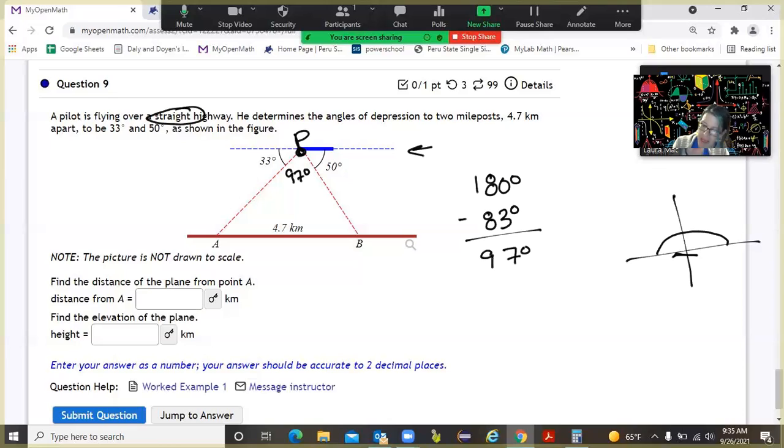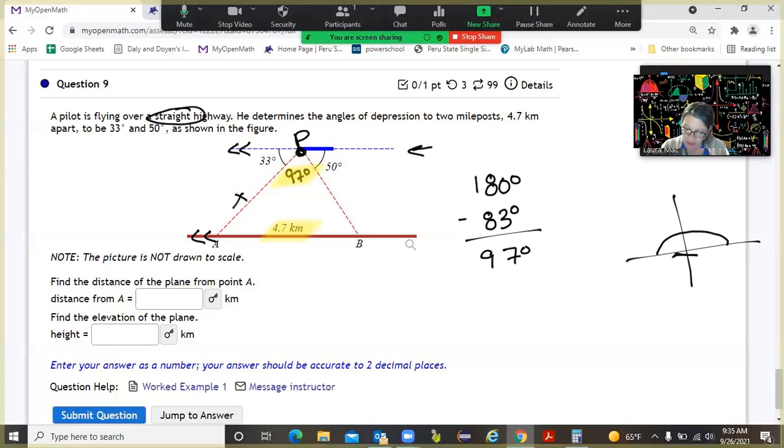So now I have a pair here that I can use. We also have parallel lines here. So these are also parallel lines. So we can find another piece, and which piece do we want? I guess we're trying to find this one.